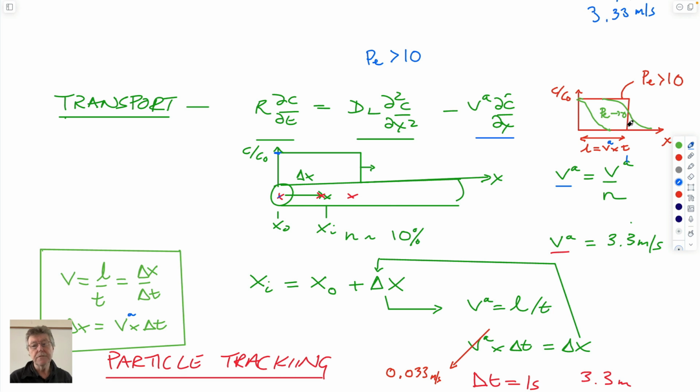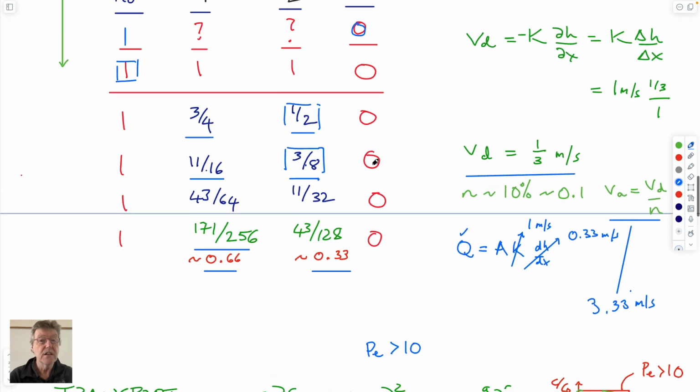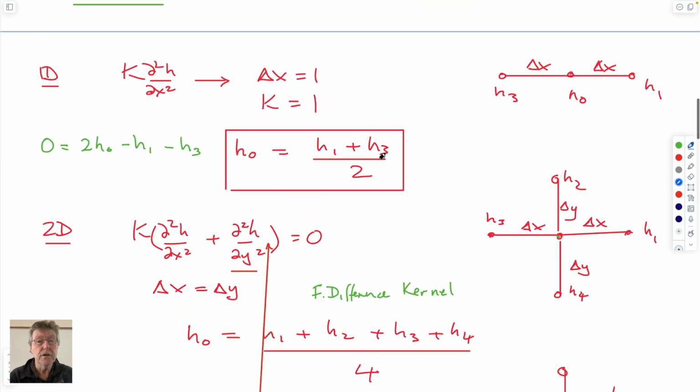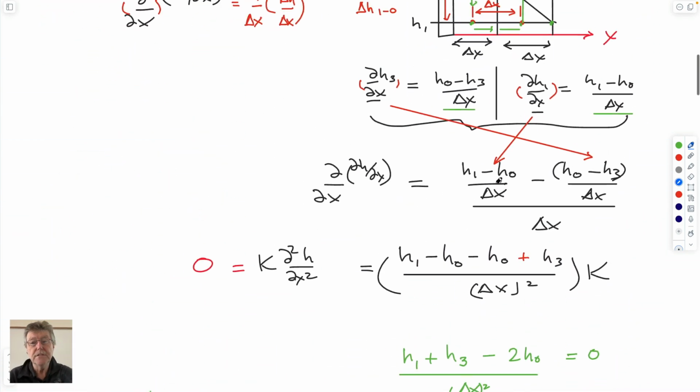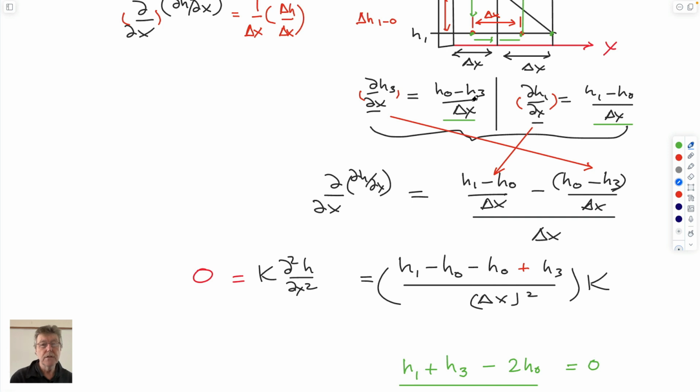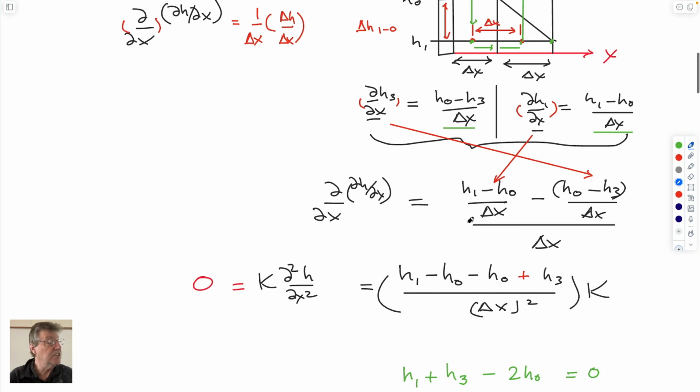It turns out that this second order term is difficult to solve by conventional methods like this. Since we wrote the differential equations out in terms of a first order derivative, this is dh dx, could be dc dx, and a second order derivative, this could be d2c dx squared, just by changing these h's for here. So we could solve it by this relaxation method.